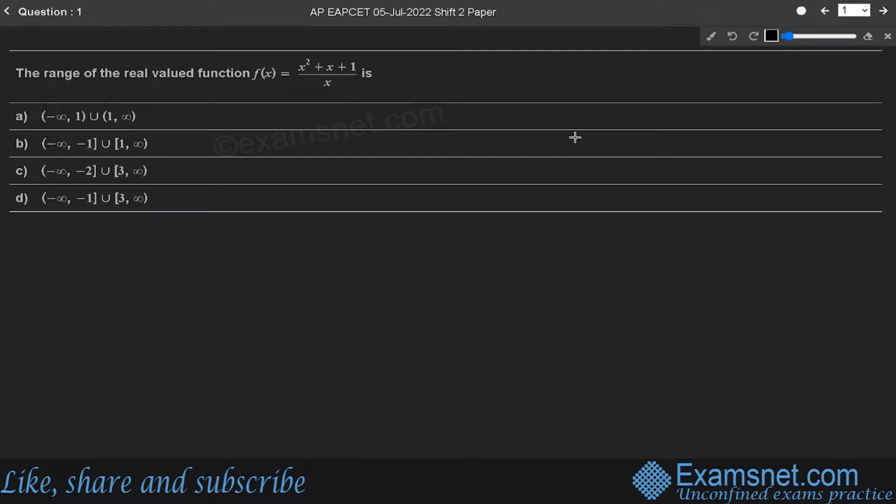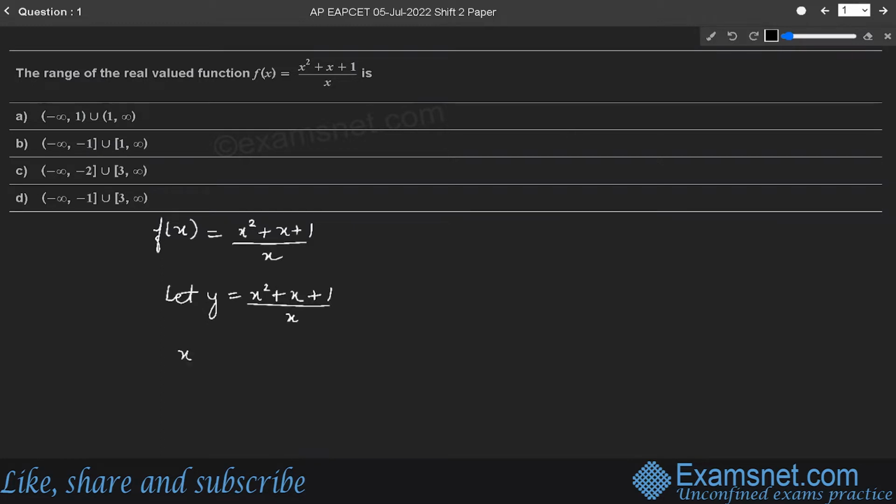The range of the real valued function f of x is equal to x square plus x plus 1 divided by x is. We have to find the range of this function. Let y is equal to x square plus x plus 1 divided by x.